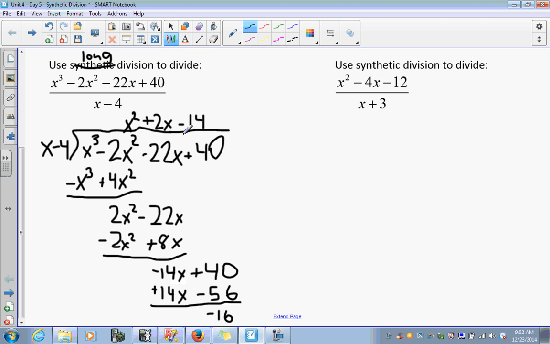So our answer is x squared plus 2x minus 14 with a minus 16 remainder. And you just simply write that as x squared plus 2x minus 14, and then we write our remainder, minus 16, over this x minus 4, our divisor, x minus 4.